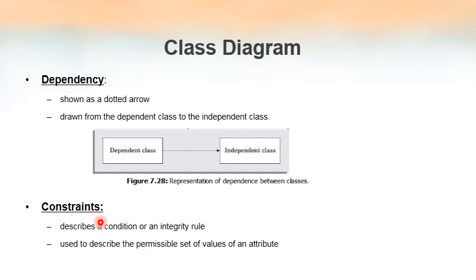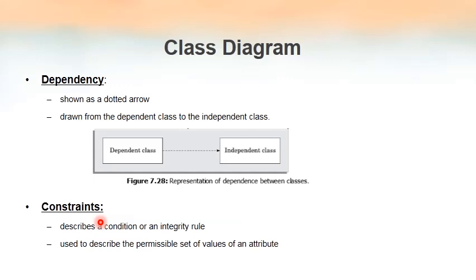As you know, the attributes are the second compartment inside a class diagram, which represents the variables when we program. Certain variables may take only some values. Such cases will be represented using constraints.